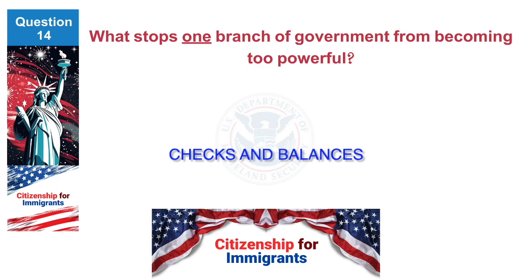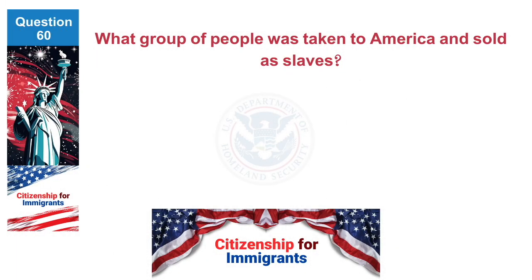Checks and balances. What group of people was taken to America and sold as slaves? Africans.